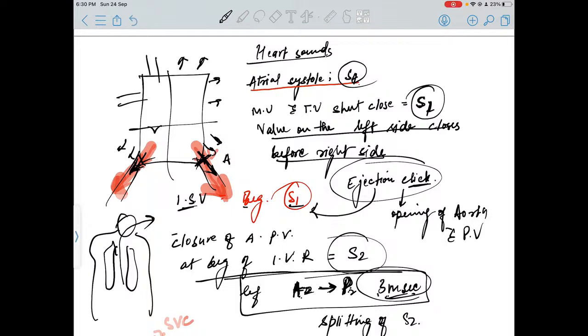S1 can be 25 to 50 hertz, and S2 can be 50 hertz, while the other ones are less than 20 hertz. That's why they're not heard. They can be heard with the bell of the stethoscope, which is phonocardiogram.